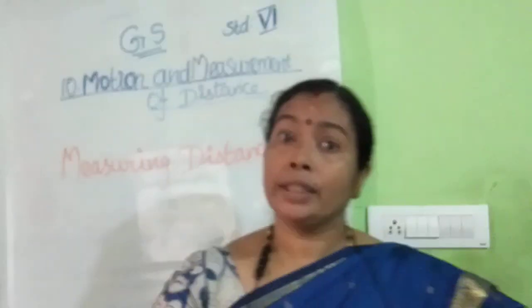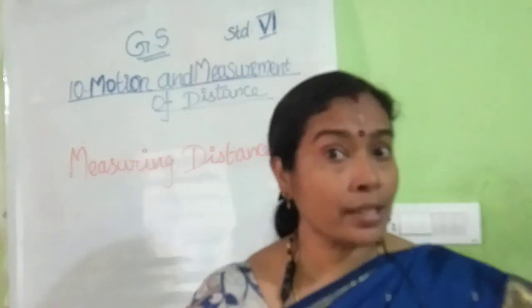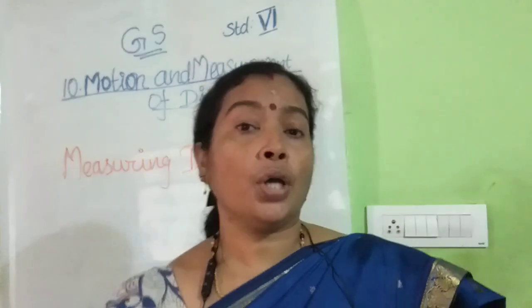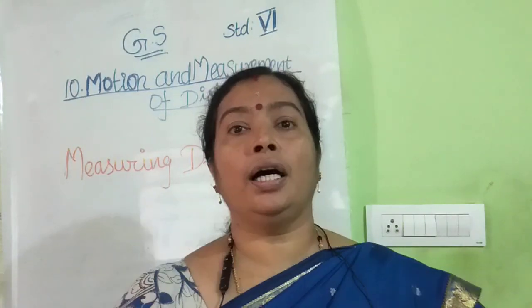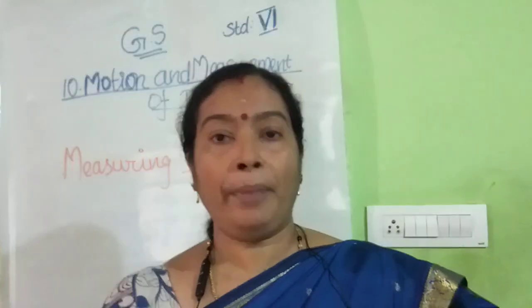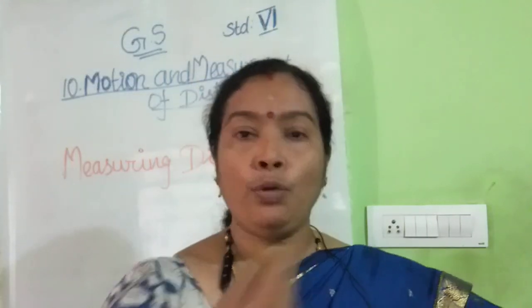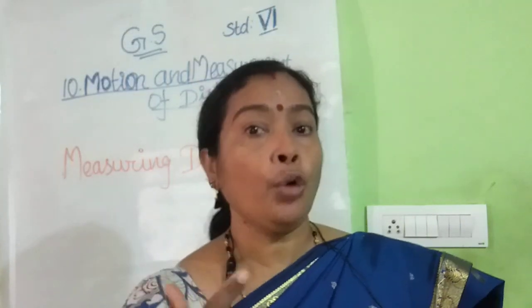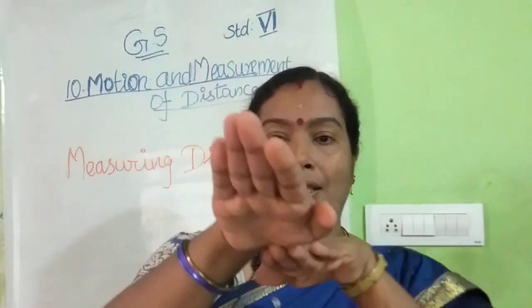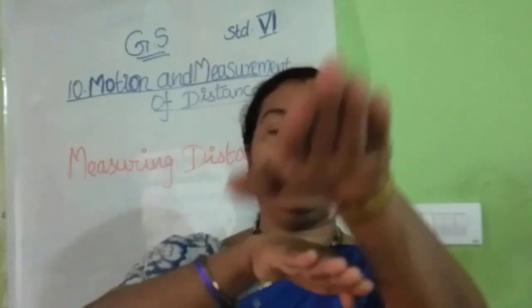Like the same, the foot length. Foot means, you know, the foot and toes. So the foot length, that also, in your living room or bedroom, any one side length, you measure by your foot, keeping the foot one after one, one before one.